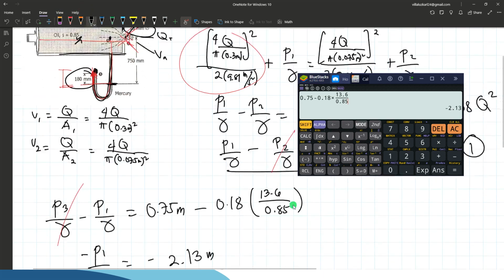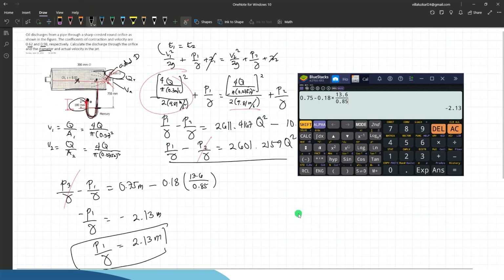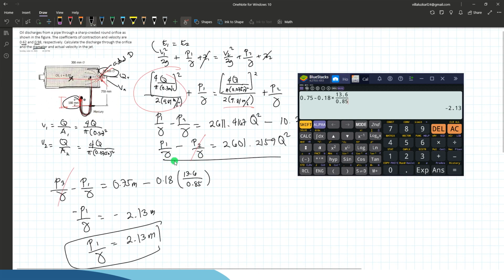So we can now compute the discharge from equation 1. We substitute it here. We have 2.13 meters equals 2601.2159 squared.